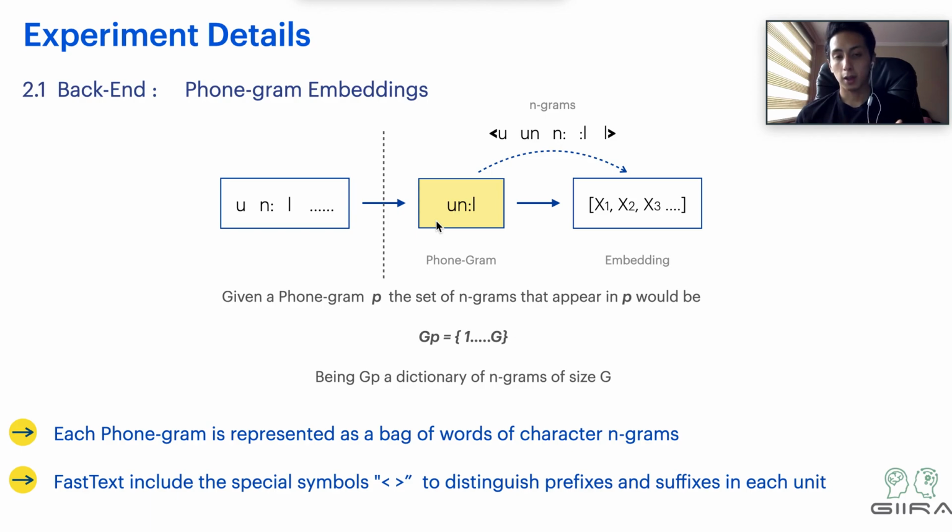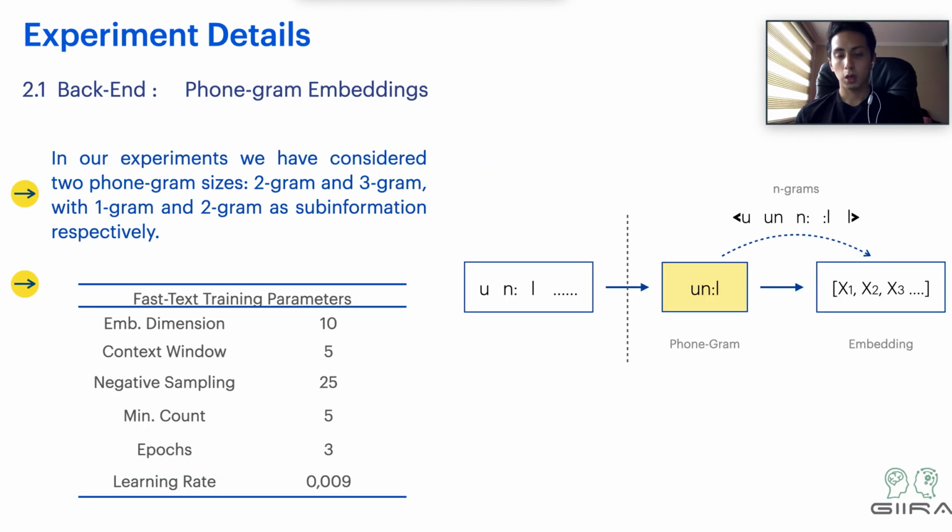FastText also uses special symbols to distinguish between prefixes and suffixes in each unit to make the representation much more efficient. So in our experiments, we have considered two phonogram sizes, we have used a phonogram formed by the union of two phonemes and three phonemes, using 1 gram and 2 grams as subword information respectively.